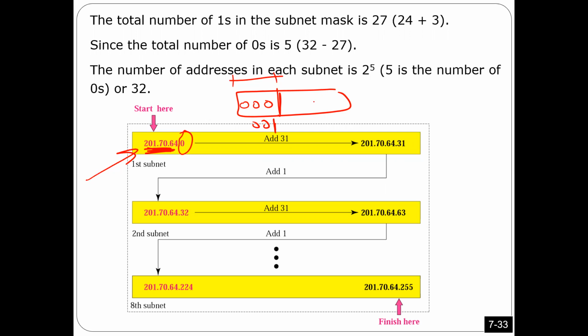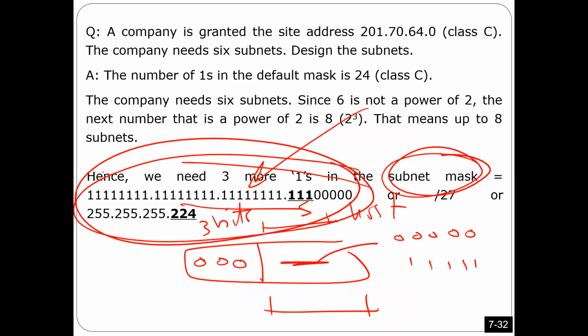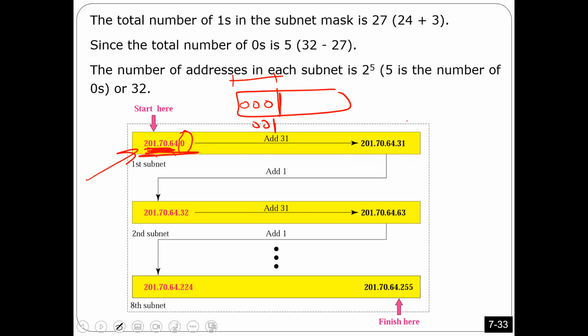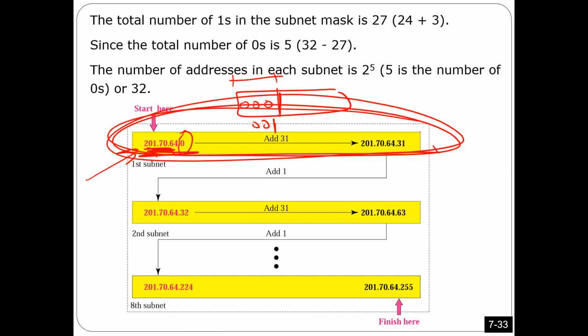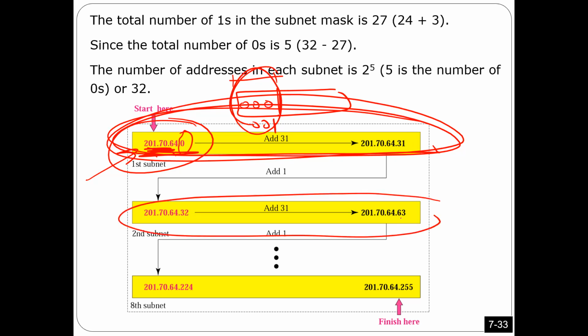So let me say it again: if you apply this mask to any address here, you will get the first one. Why? Because I'm only going to take these 3 bits, and these 3 bits are common here. Same thing here. If I apply this mask to all of them, I'm going to get this one for all of them, because I'm going to keep these 3 bits and cancel the host number ID.